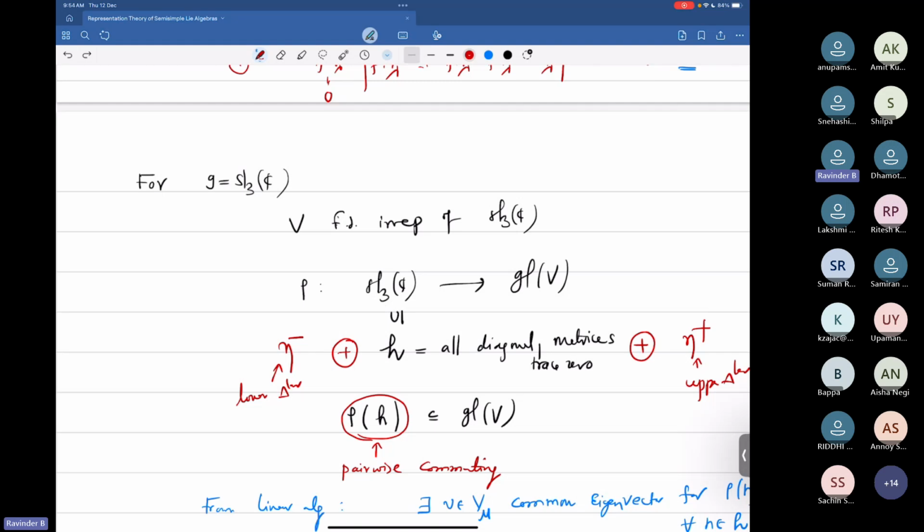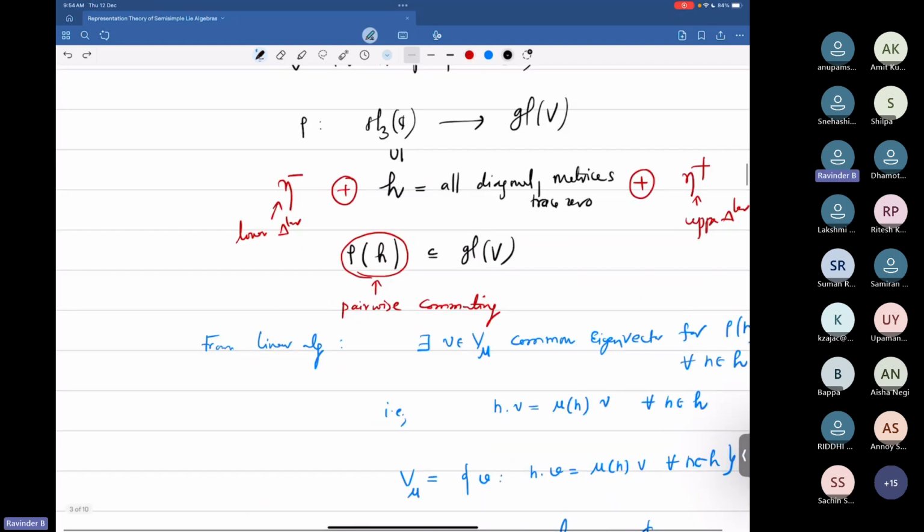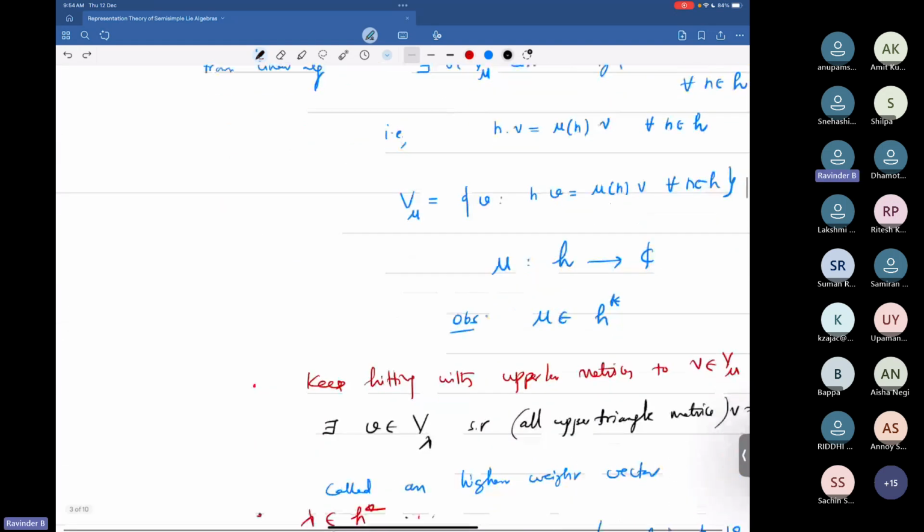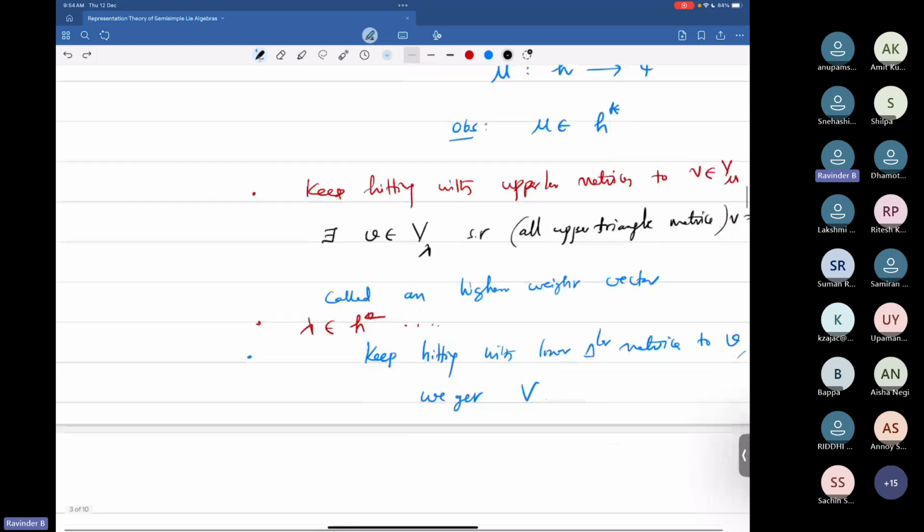It looks like it has not been covered in this program, so I'll just go through it. Using that triangular decomposition, I want to mimic the same thing and try to prove the classification.